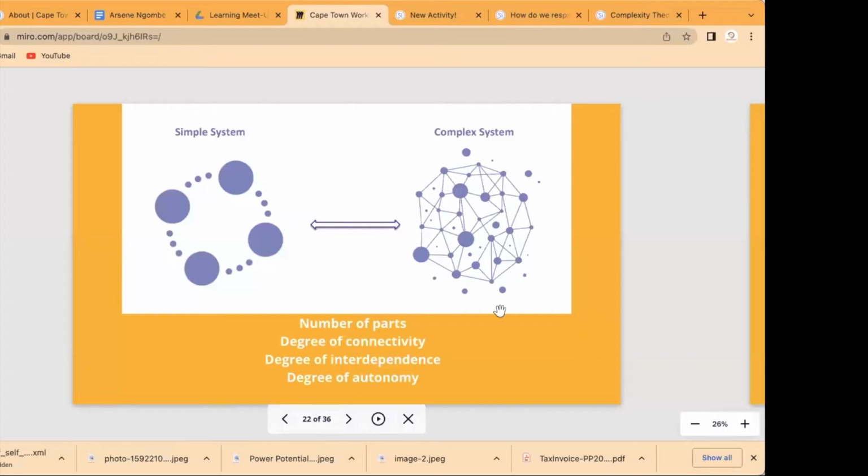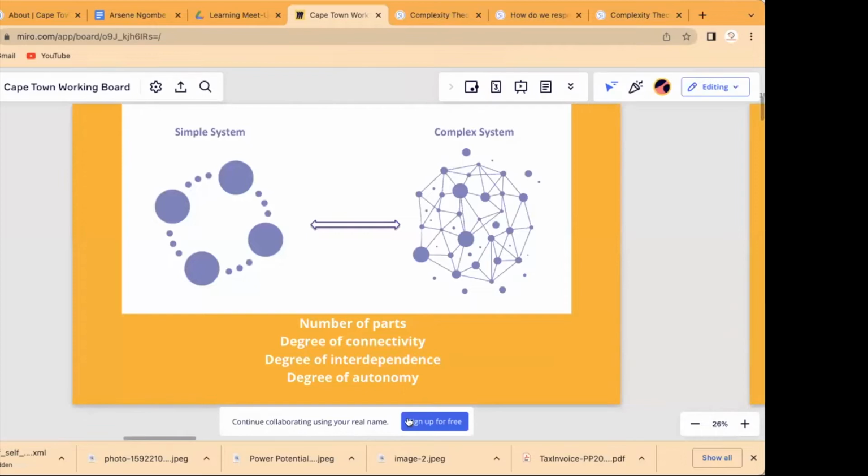I think it's about adaptation, non-linearity, emergence, and spontaneous order, or feedback systems or feedback loops, from what I saw in the guide, to my understanding.